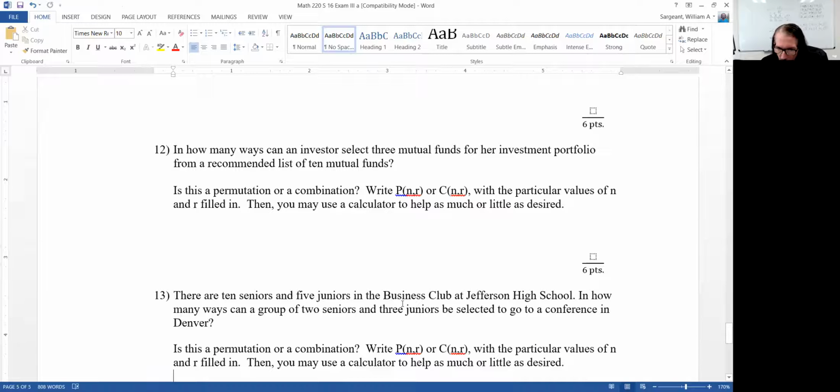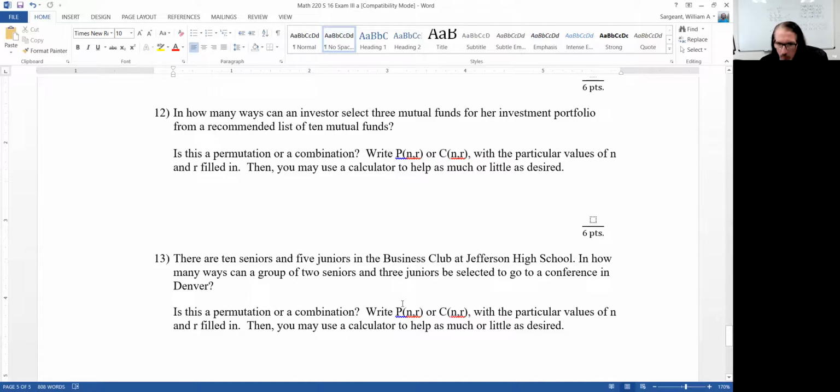Let's say we have 10 seniors and 5 juniors in a business club at a high school. How many ways can you pick 2 seniors and 3 juniors to be going to a conference in Denver? Well, it's like we're building a committee to go to this conference. Committee, combination.